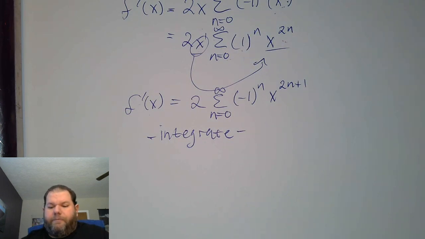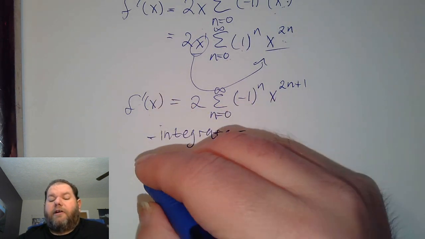Okay, and this goes back to what we discussed at the end of last class in how we would integrate a power series. So we know the integral of f prime is just f.